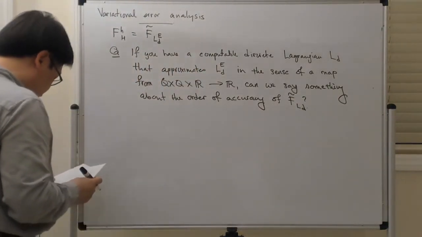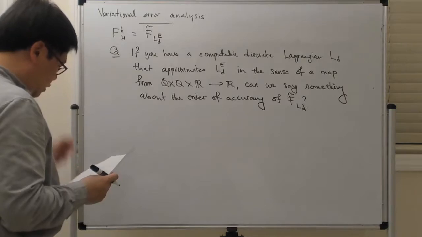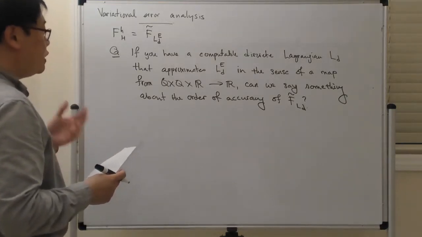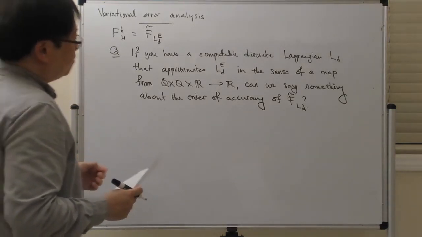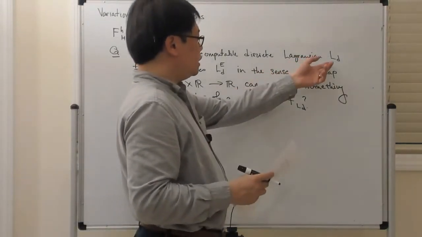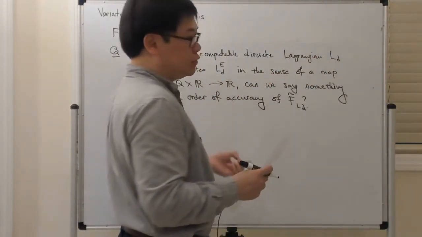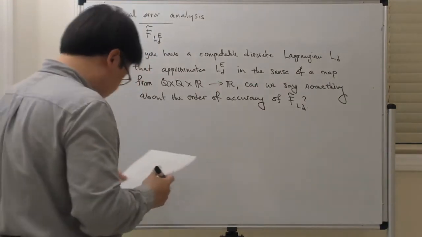So in order to do that, we need to talk about the extent to which a discrete Lagrangian approximates the exact discrete Lagrangian to a certain order of accuracy.